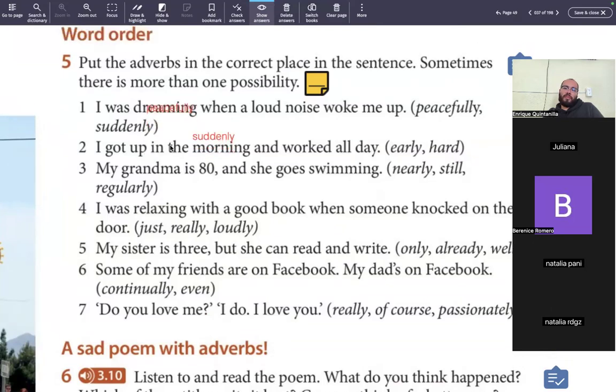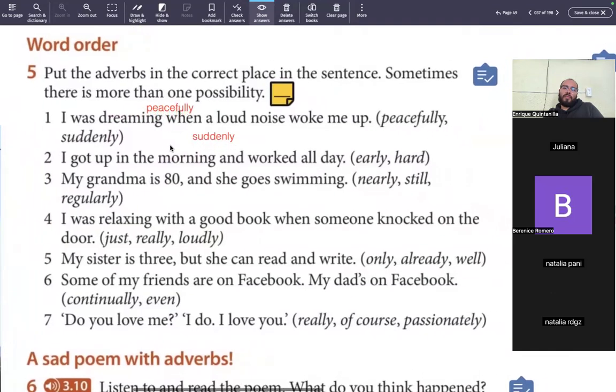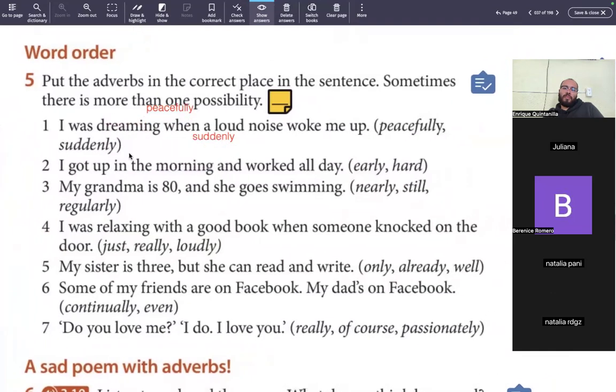I got up early in the morning and worked hard all day. Correct. Number 3, Natalia Rodriguez. My grandma is nearly 80 and she still goes swimming regularly.